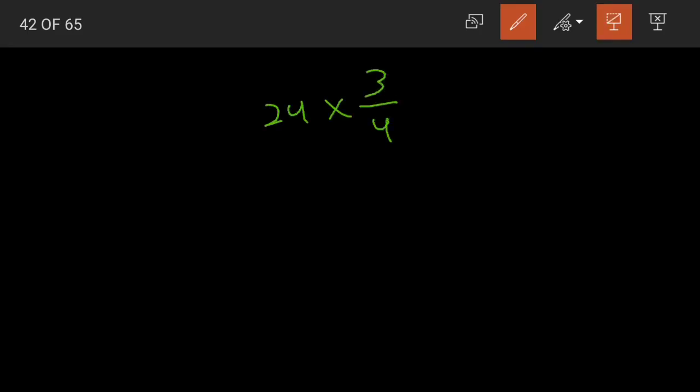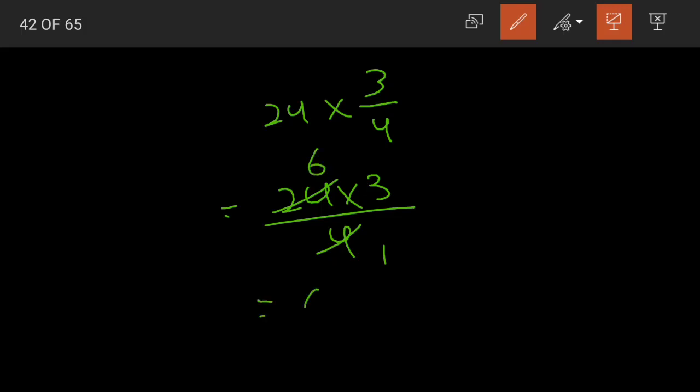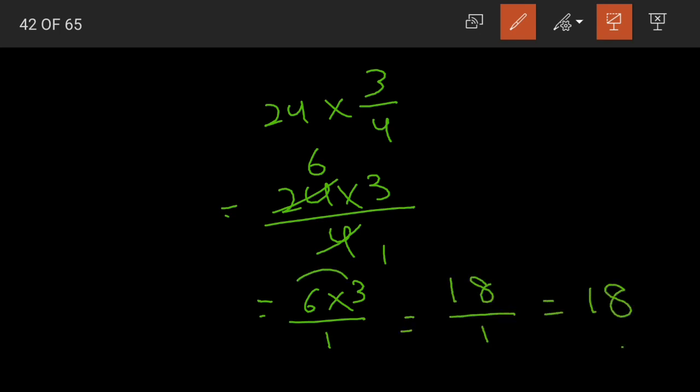Our number is 24. We have to find out 3 by 4 of it. So 24 into 3 divided by 4. We have 4 ones are 4, 4 sixes are 24. Now what is remaining? 6 into 3 divided by 1. 6 threes are 18 divided by 1 is equal to 18.